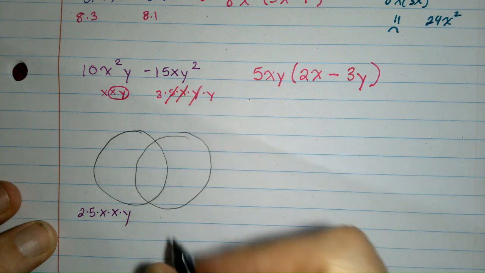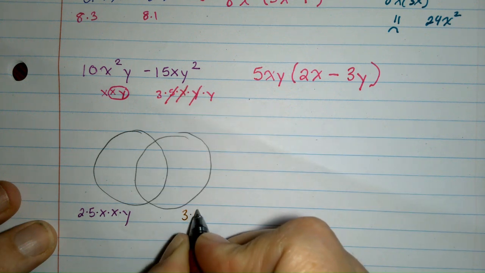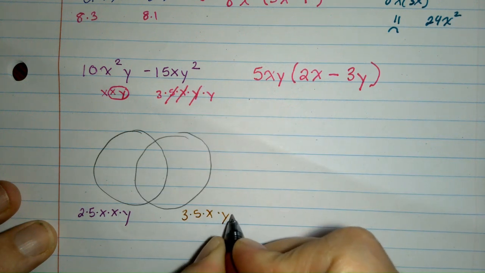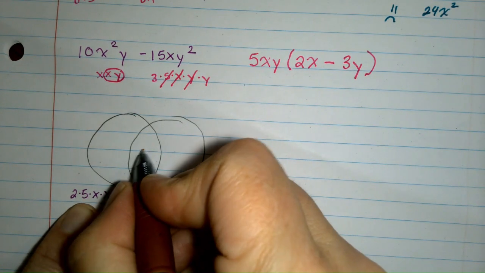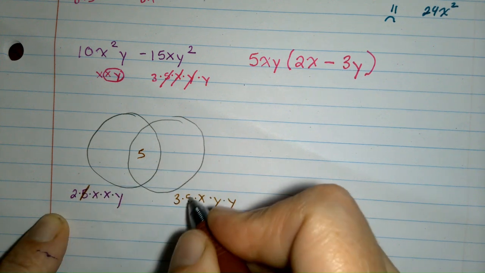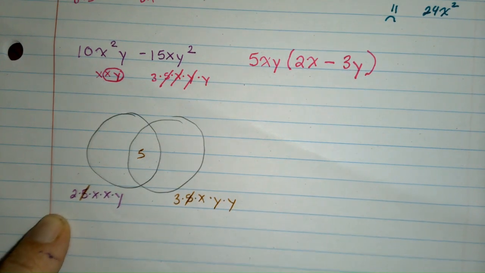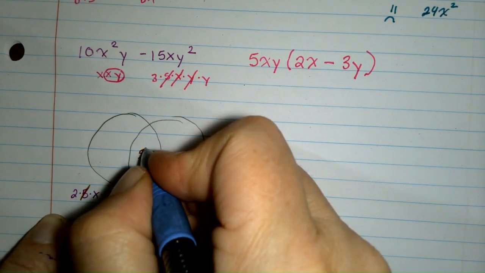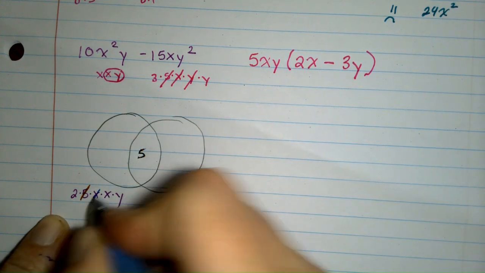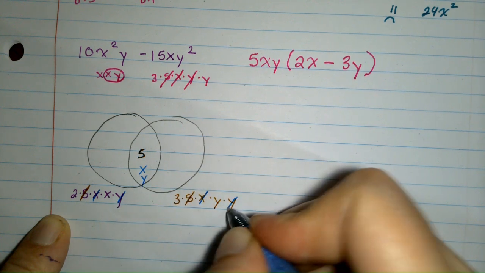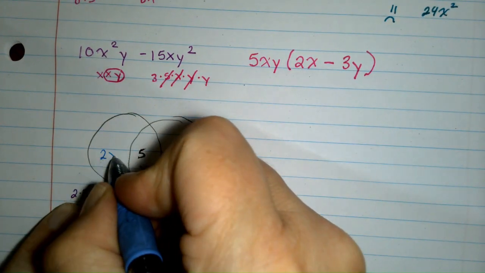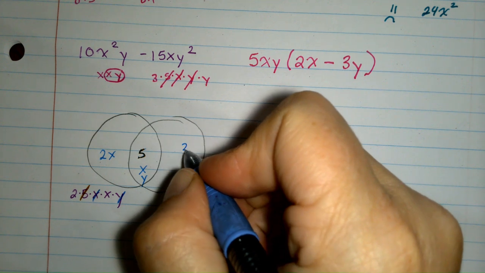And you think of the 15 part as 3 times 5 times x times y times y. Then you can see this right here, how the 5 goes in the middle. Should do that in a different color, shouldn't it? Yeah. There we go. An x in common, a y in common. And then we have a 2x left in this circle, and we have a 3y left in that circle.